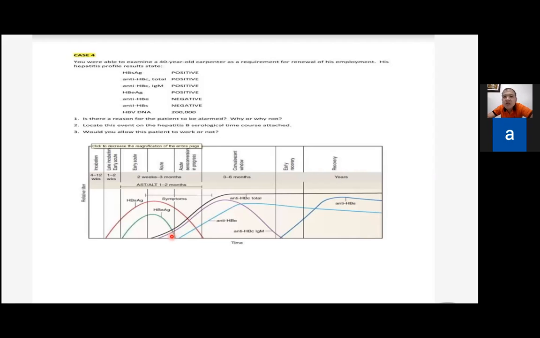Tapos the next question is, is there a reason for the patient to be alarmed? Yes or no? Personally, I will be alarmed that I have a disease, whether asymptomatic or symptomatic, that can infect other people.